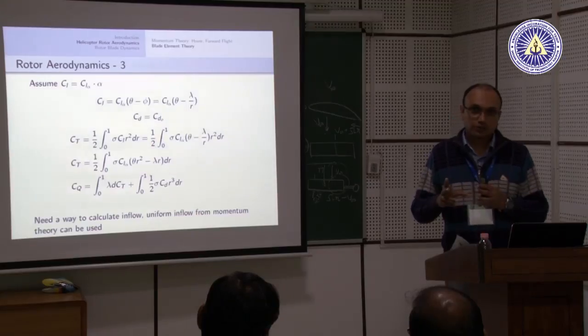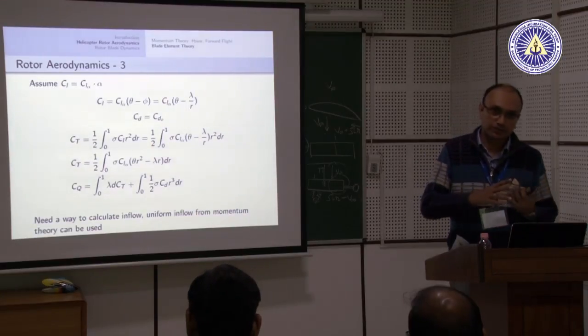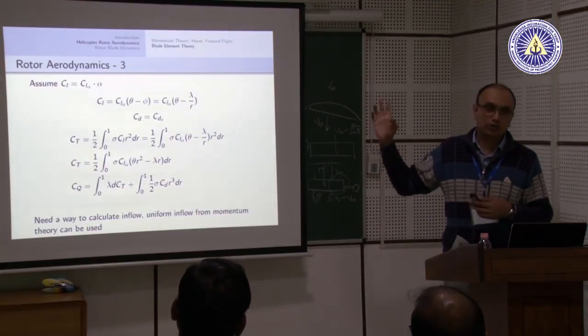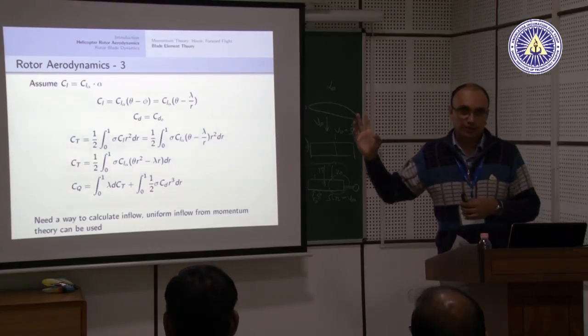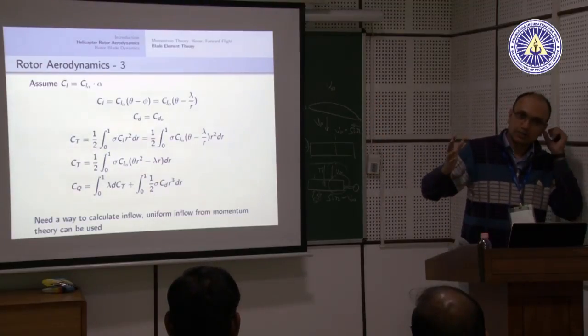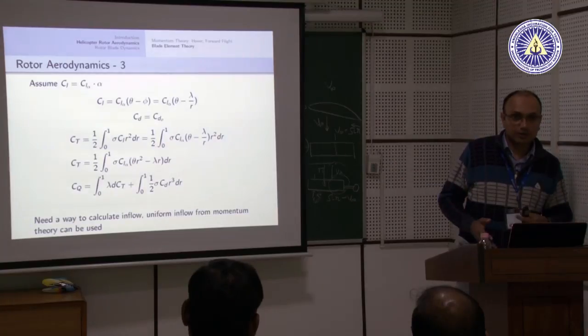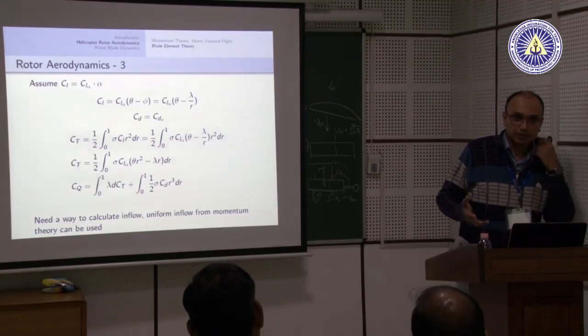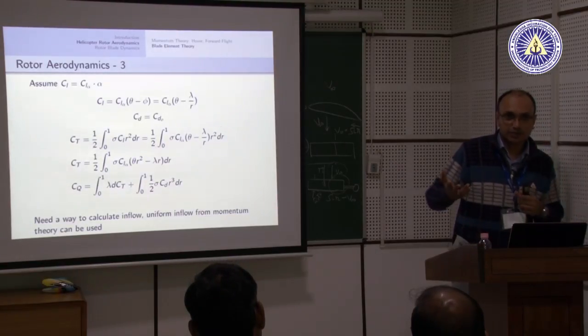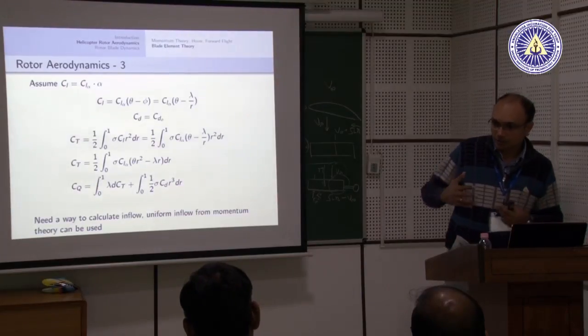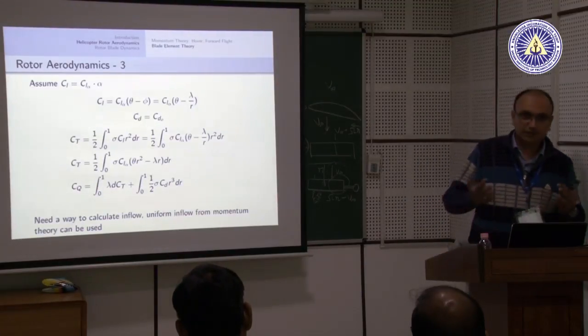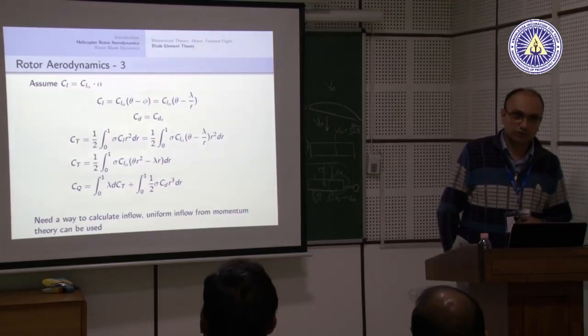So if your disk loading is high, induced velocity is also high. For example, the tilt rotor aircraft V-22 Osprey has smaller rotors and the overall weight of the aircraft is very high. So it ends up with higher disk loading, and as a consequence it has very high downwards velocity also.